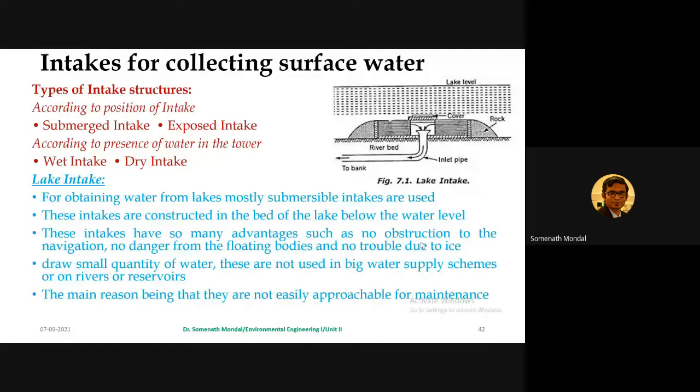Though we are discussing lake intake, whether it is in a lake or a river, we say river bed. Since it is constructed at that level, inherently it has some advantages, such as no obstruction to the navigation of ships and other water vehicles, and no danger from floating bodies.